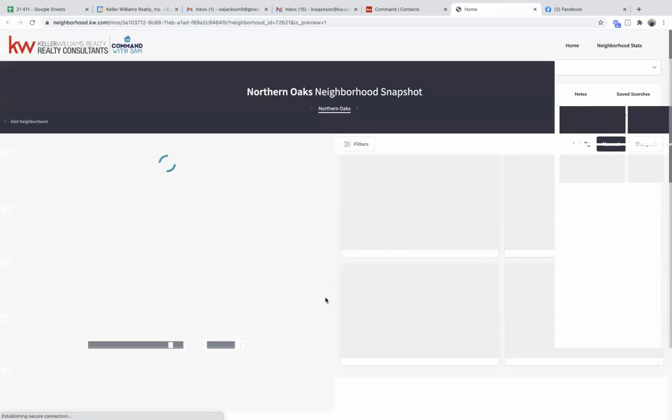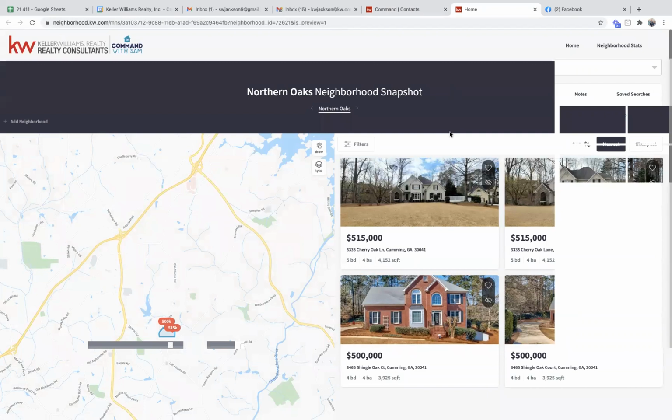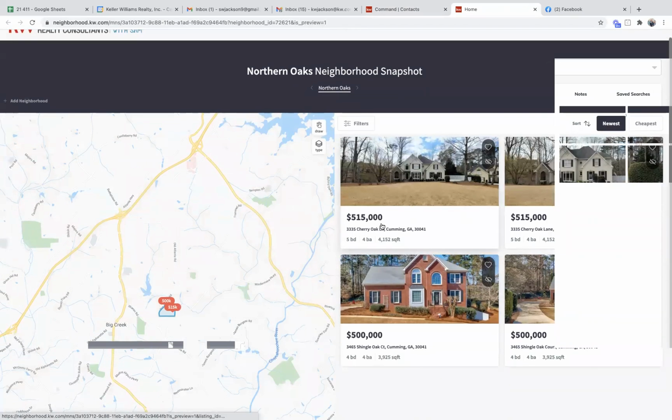You have an email that goes out every 2 weeks. As it loads, here's your Northern Oaks neighborhood snapshot. There are currently 2 homes for sale at 515 and 500. If I'm a buyer, I'm interested in that information. If I'm a seller, I'm interested in that information.